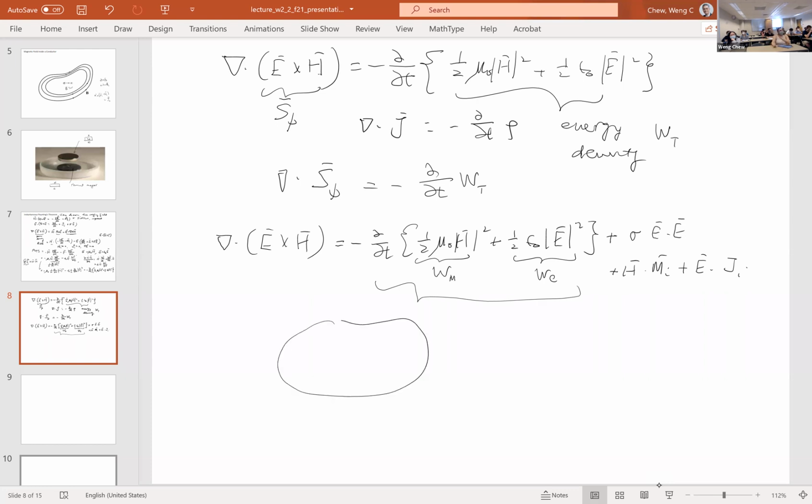If W_T is increasing with time, it needs power flow to supply inside. So S dot P has to be negative in order for it to supply power in the inward direction.